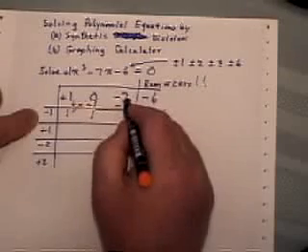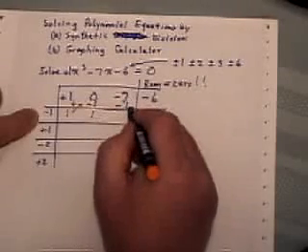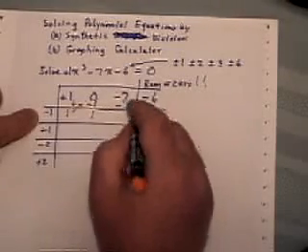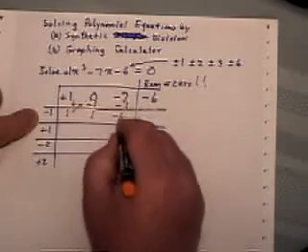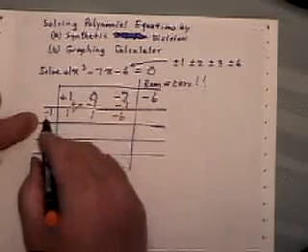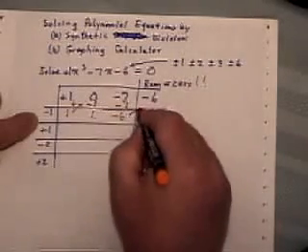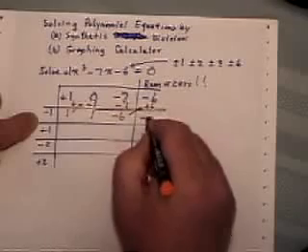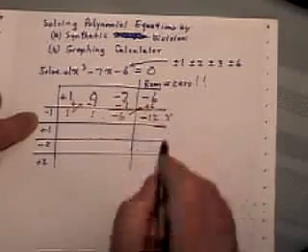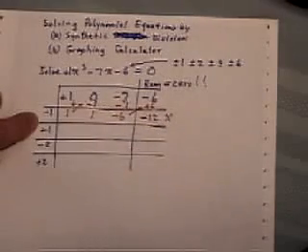And subtract. Negative 7 subtract negative 1 is negative 7 plus 1, so it's negative 6. Negative 1 times negative 6 is positive 6, and when I subtract I get negative 12. Okay, that doesn't give a remainder of 0.